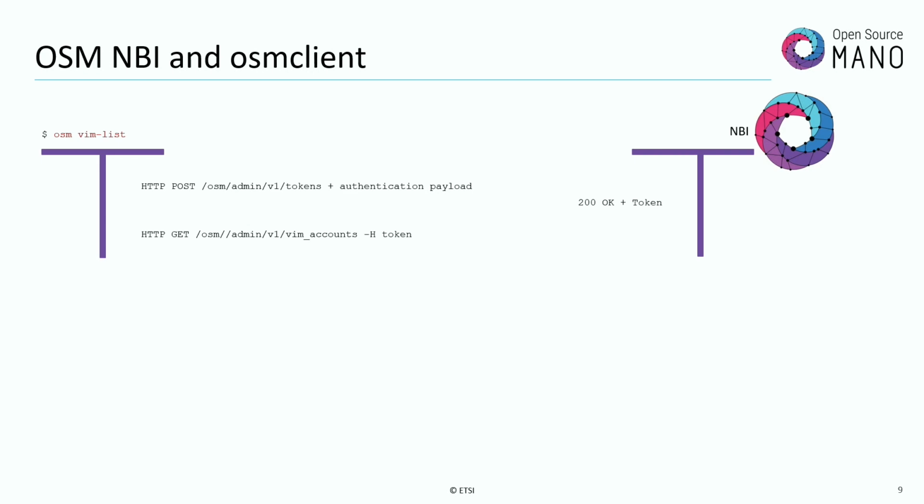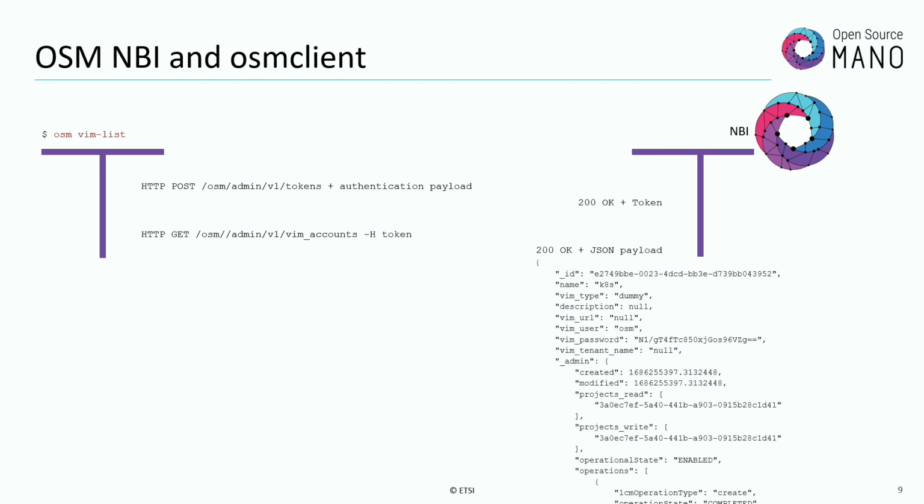So if I give my token as part of the headers in this HTTP GET request, it should then turn around and give me a JSON payload which represents all of the VIMs, virtual infrastructure managers, that were present.